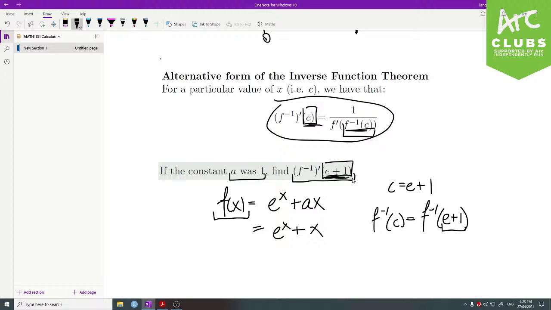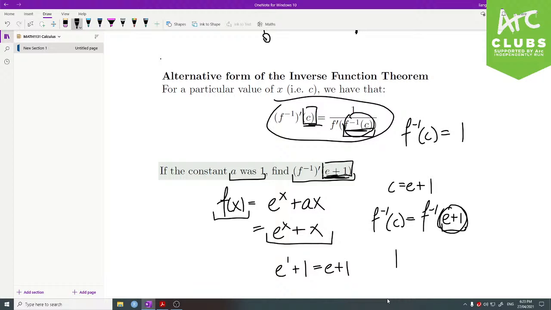So when I'm doing f inverse of e plus 1, it's the same as asking what x value do I have to plug into f(x) to obtain e plus 1. Now if you look at the form of f(x), which is e to the power of x plus x, that answer is simply 1, right? Because when I plug in x equals 1, I will get e to the power of 1 plus 1, which is exactly e plus 1. This way, I've already calculated what f inverse of c has to be. This f inverse of c has to equal exactly 1.